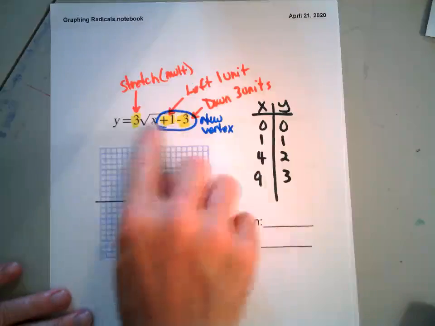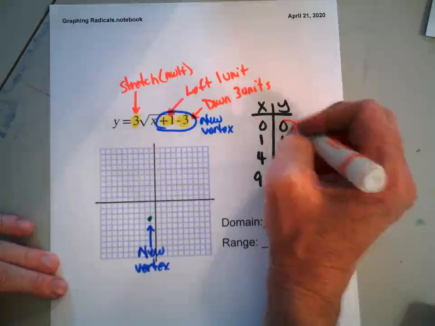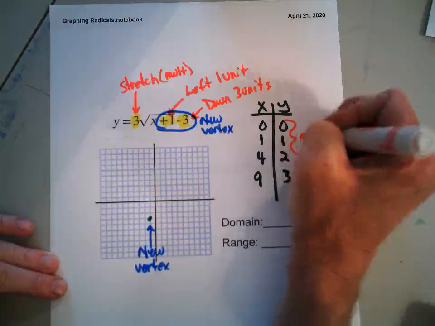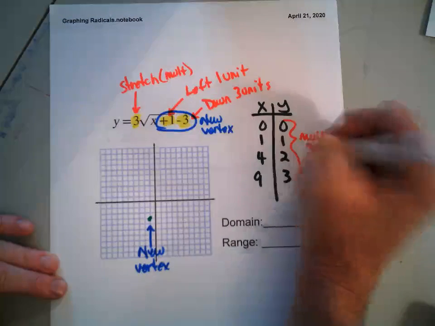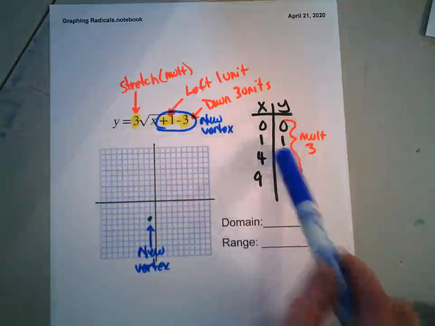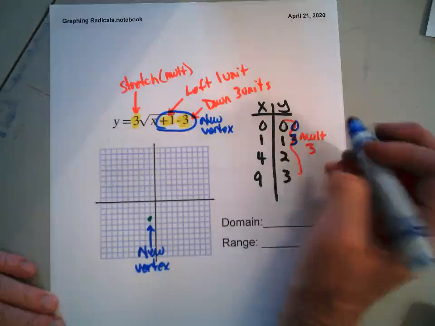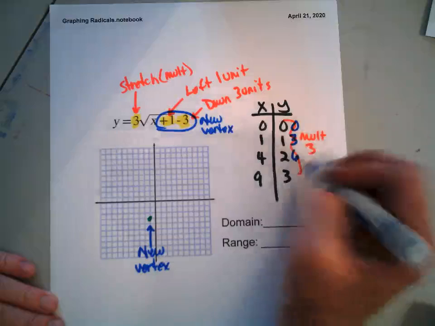Well, here we have a 3 in the front. So we're going to multiply all of these values by 3. So instead of having 0, 1, 2, and 3, we have 0, 3, 6, and 9.